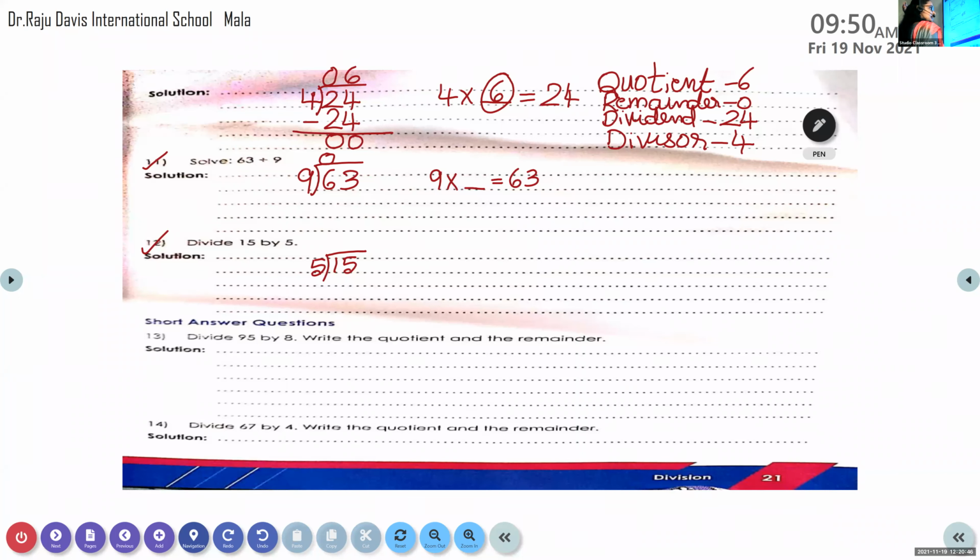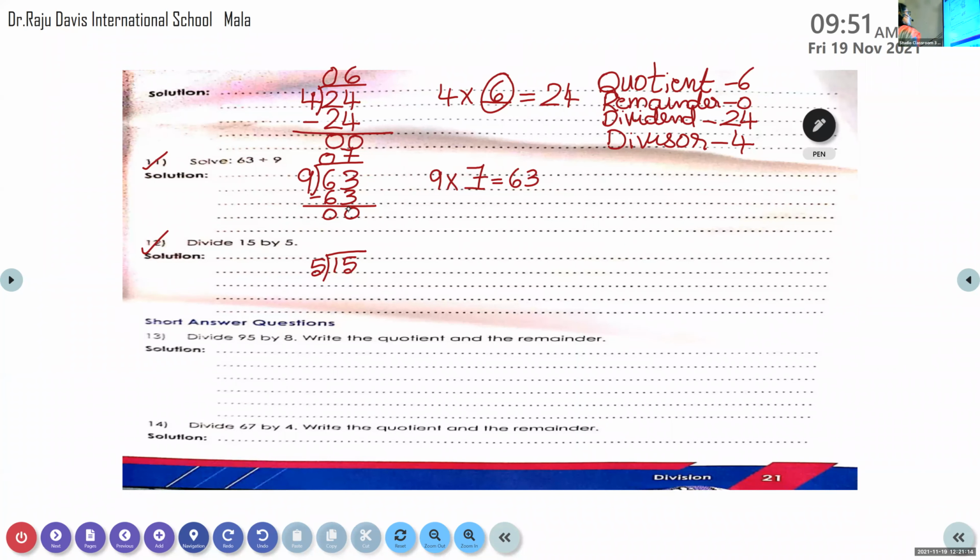So what is the answer you wrote over there? Anna, 9 into what is 63? 7. 9 sevens are 63. So this 7 will go up. 63 will be here down. Subtract it, you will get 0. So write the quotient and all over there on the other side.